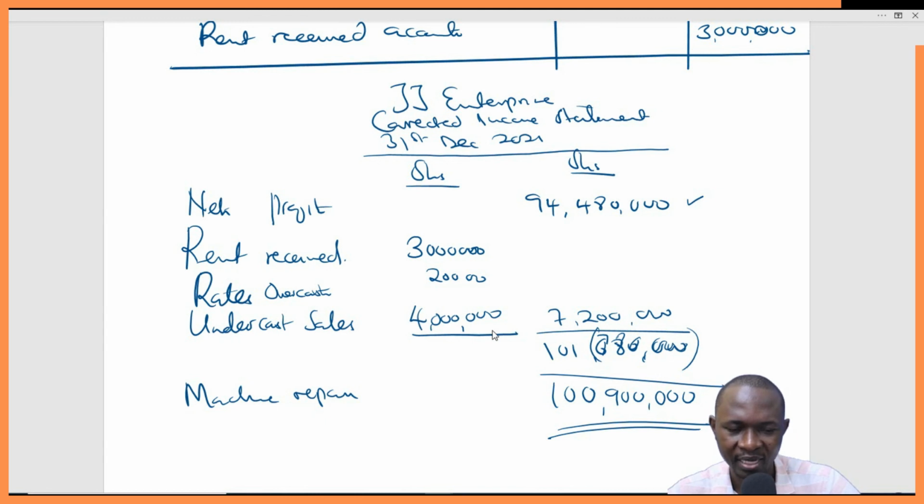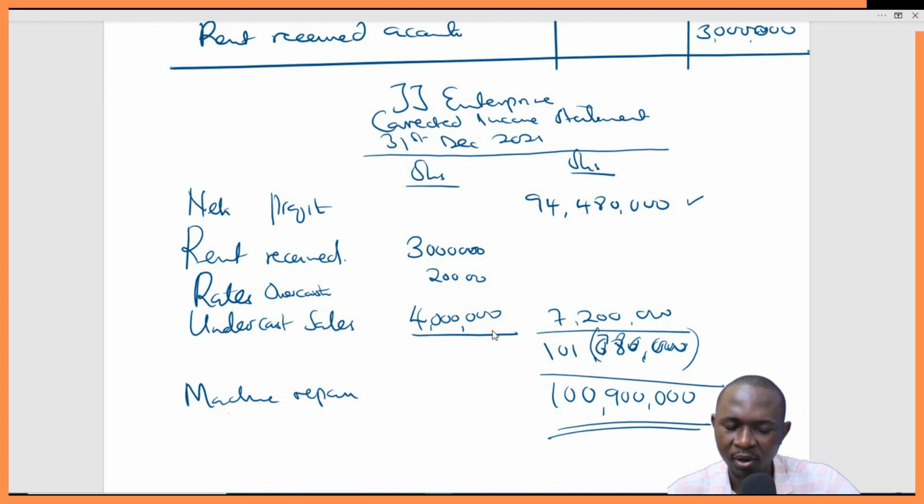Then rates overcast. Overcast simply means that we had increased the expenses, and so we reduced the net profit. So we add them back so that we increase the net profit by the magnitude that we had reduced.